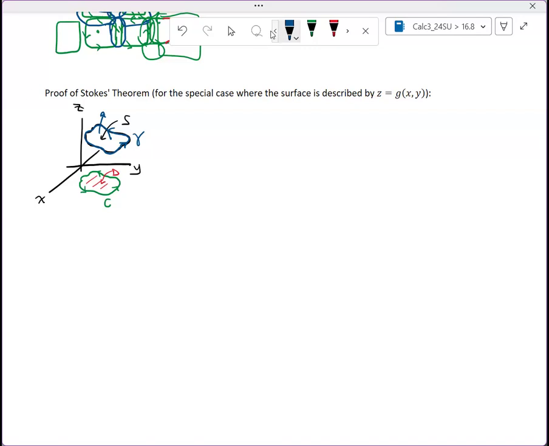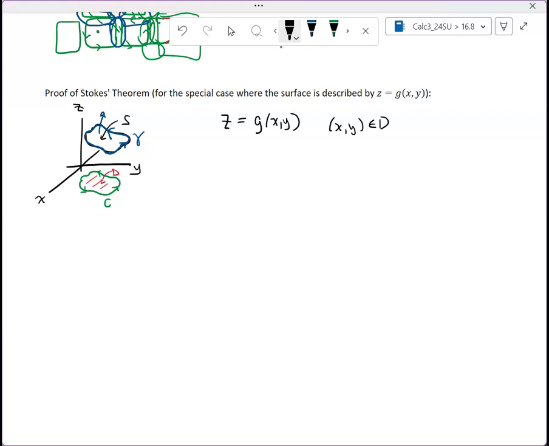So gamma, the third letter in the Greek alphabet. Okay, so we have that z equals g of x, y for x, y in domain D.